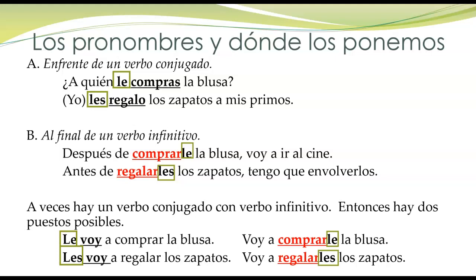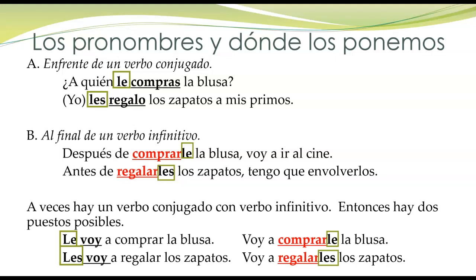Pero a veces hay un verbo conjugado con un verbo infinitivo, entonces hay dos puestos posibles. So we have seen times where we will have two verbs. One is conjugated, one is in the infinitive. Like, voy a comprar la blusa.